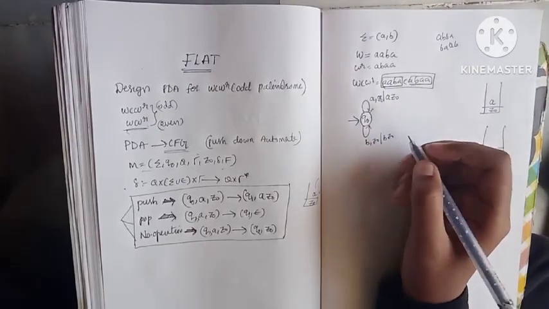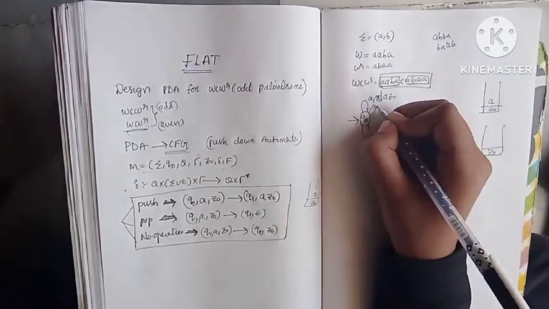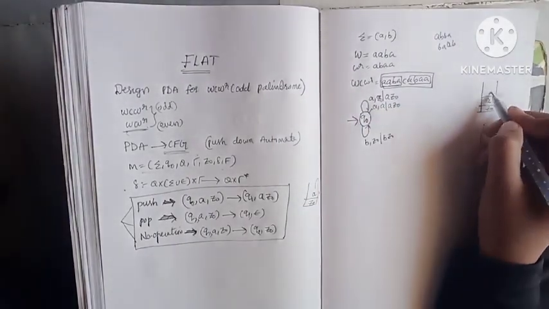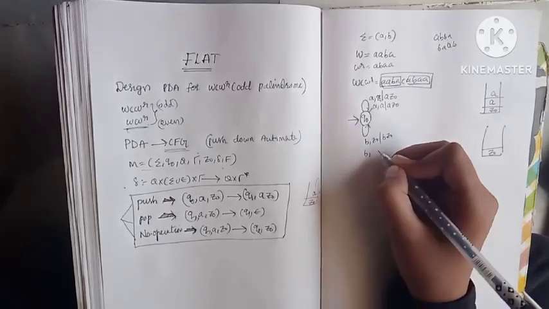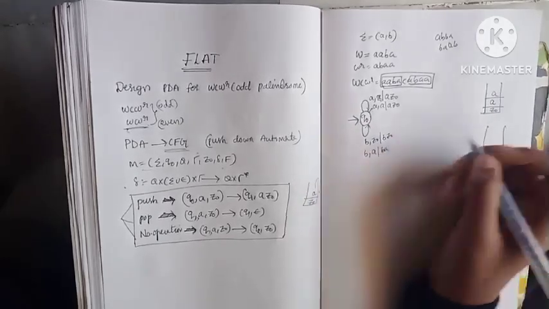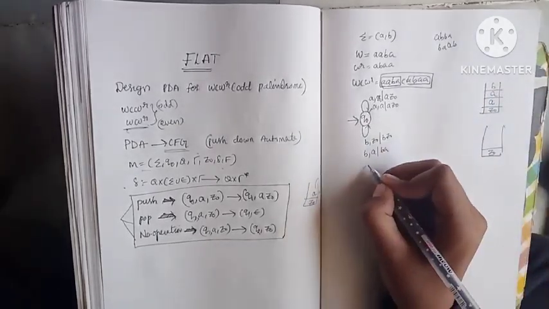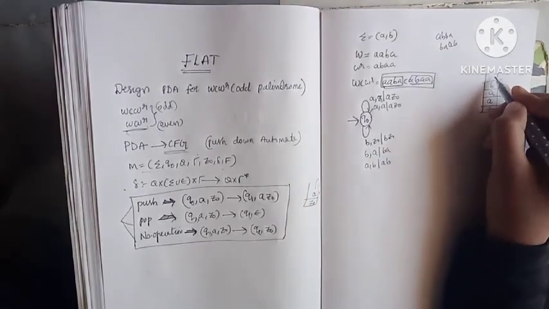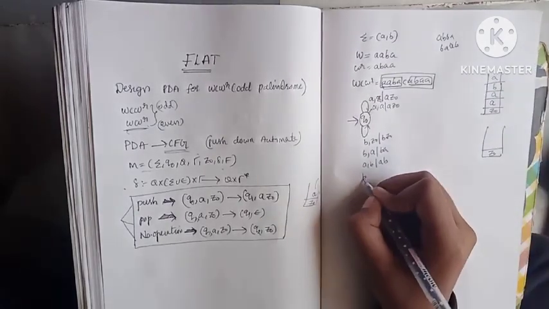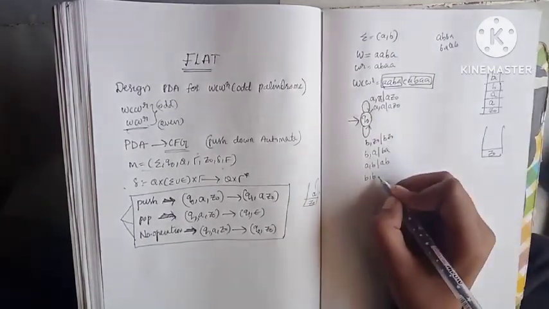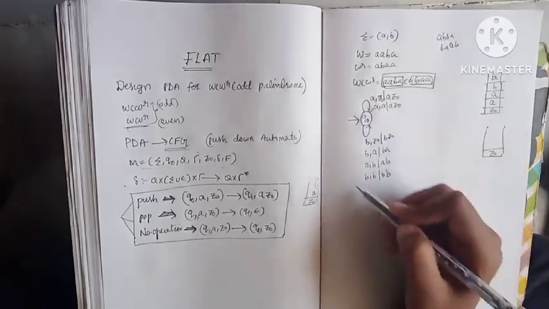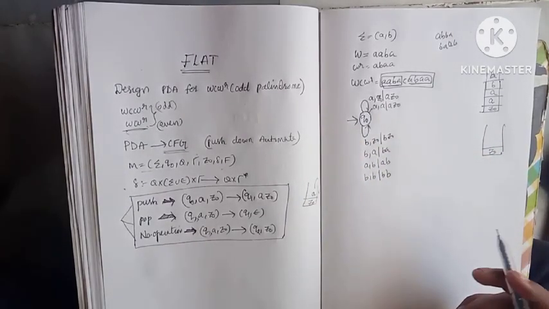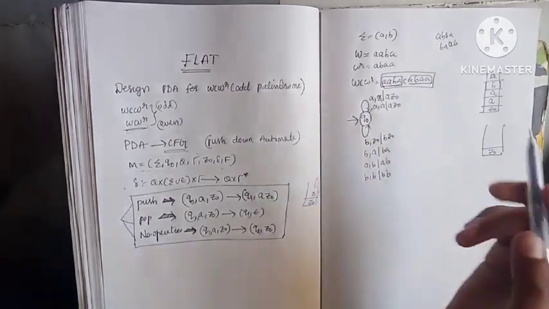Similarly, I am writing all the possible cases. For example, if there is a on the top of the stack and the input is a, so aa. If I am taking b and the top of the stack is a, I am going to get ba. If it is a and the top of the stack is b, I am going to get ab. And finally, if I take b and b is at the top of the stack, I will get bb. So these are the 6 possible cases that we may get while pushing the inputs into the stack.